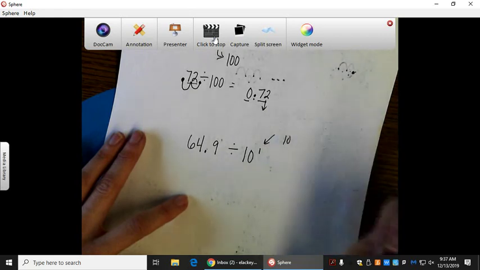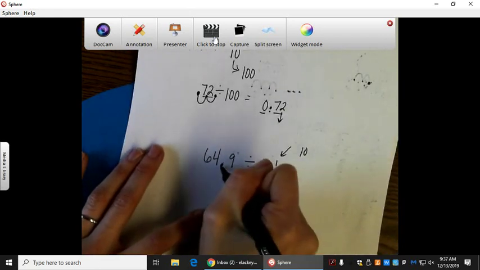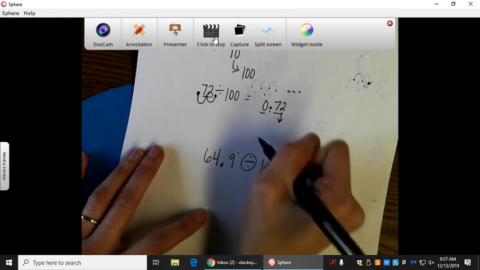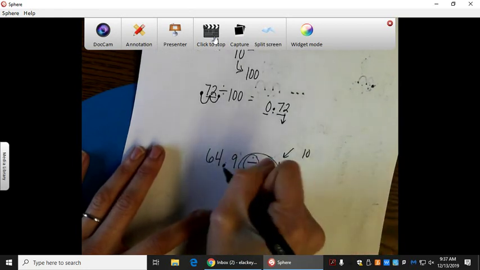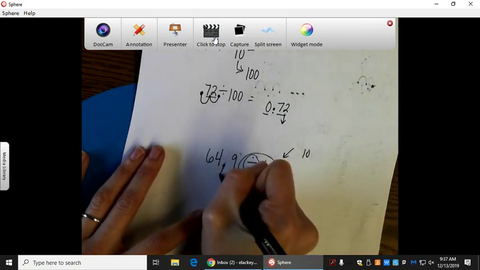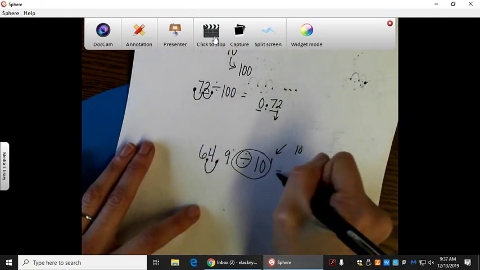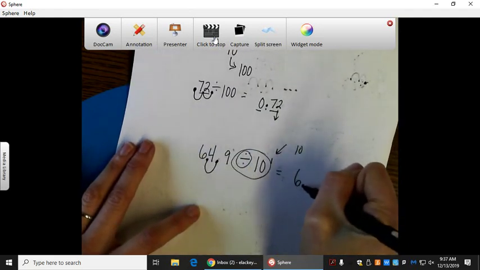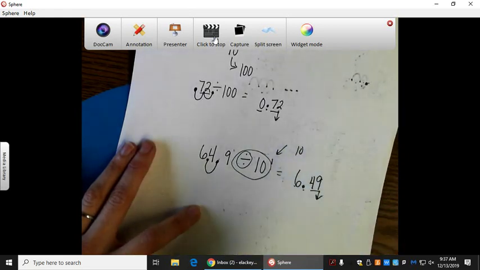So if I'm dividing by 10, I'm moving the decimal, making it 10 times smaller. I'm moving the decimal once, 10 times smaller. Now my decimal's here, so my answer is 6.49, 6 and 49 hundredths.